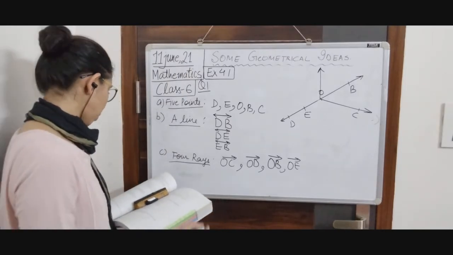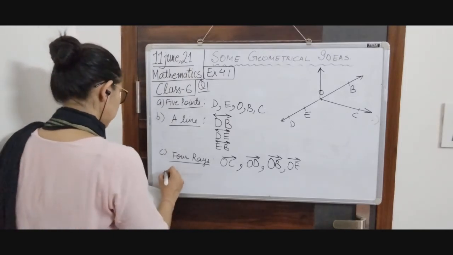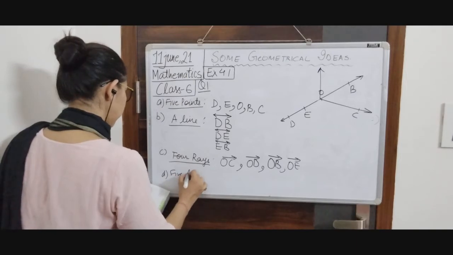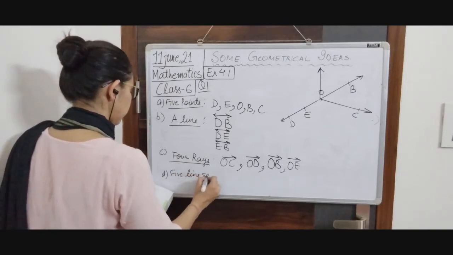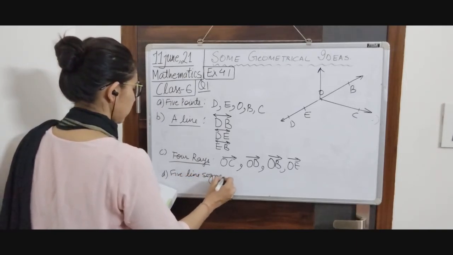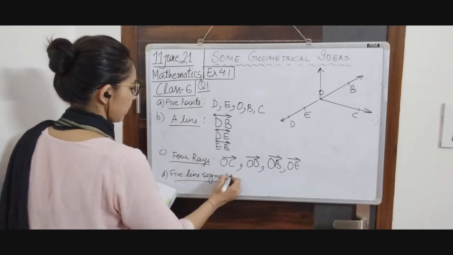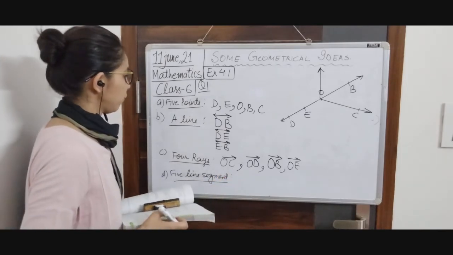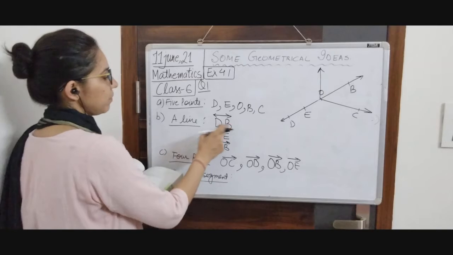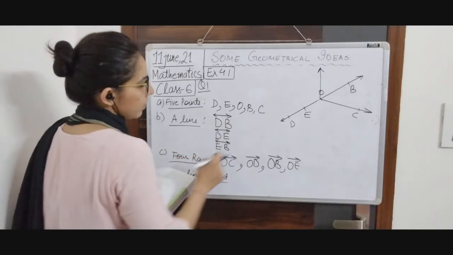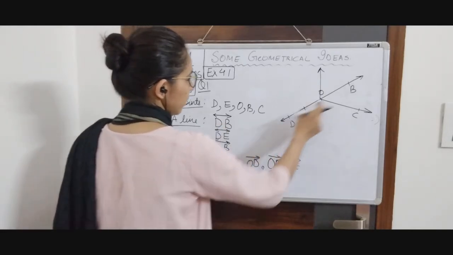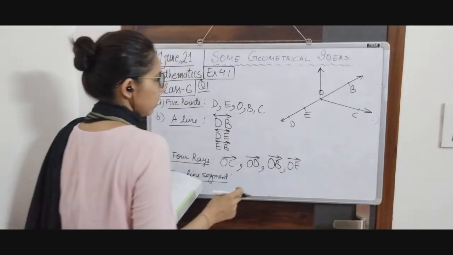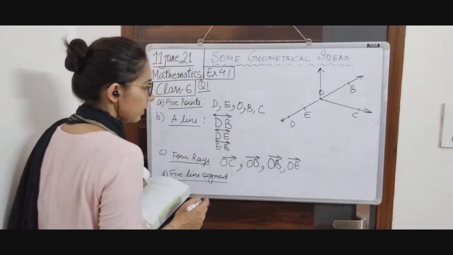Next is 5 line segments. We have to write 5 line segments. Now look carefully. We wrote that DB is a line. It is going endlessly in both directions.